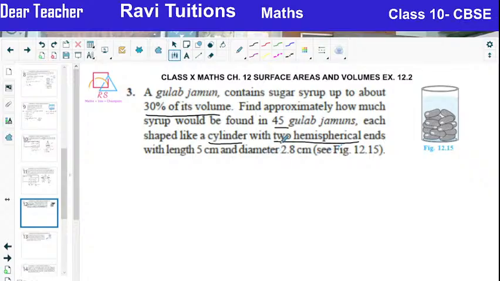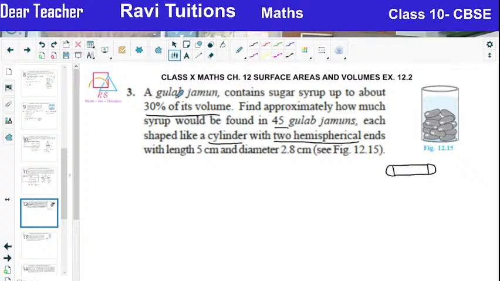So let me draw one gulab jamun. I'll draw this hemisphere like this. This is a hemisphere. This is the shape of the gulab jamun, looking very big. This is the cylinder and the hemispheres. So total 45 gulab jamuns, each containing sugar syrup up to 30% of its volume.